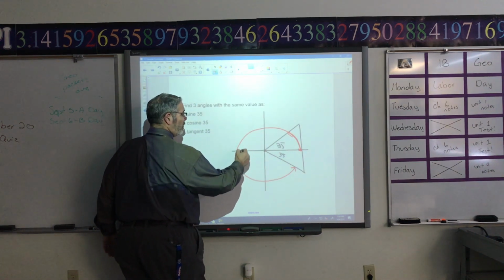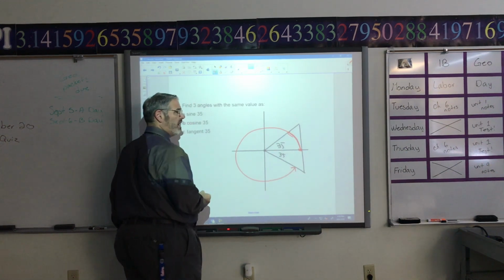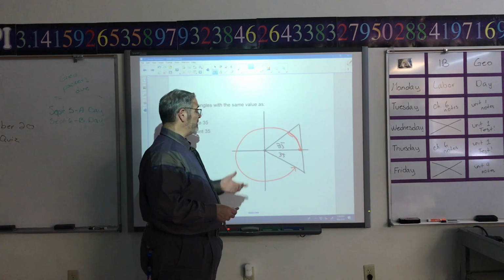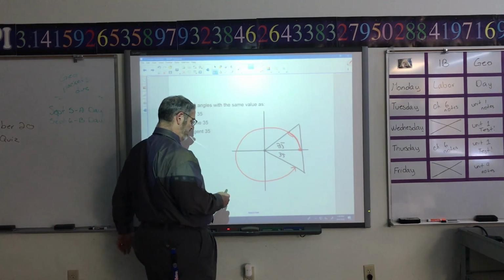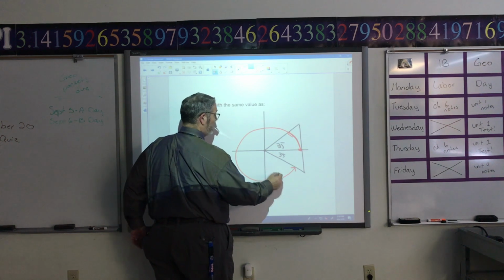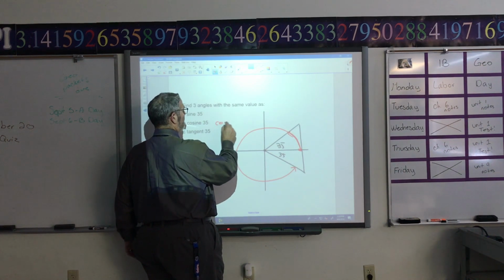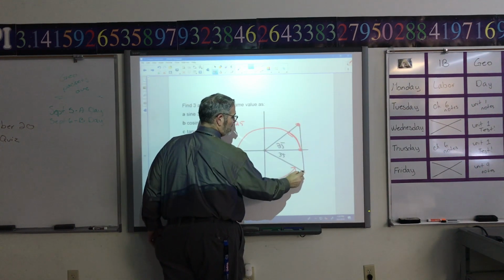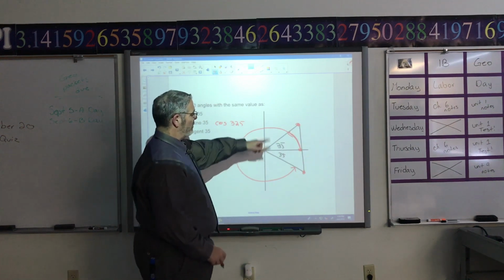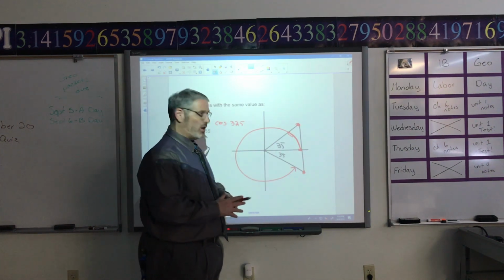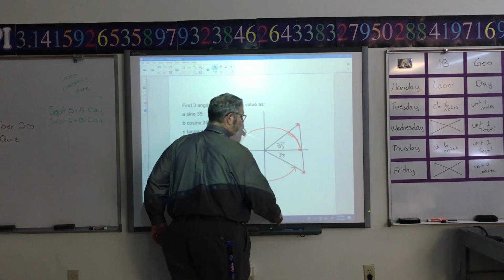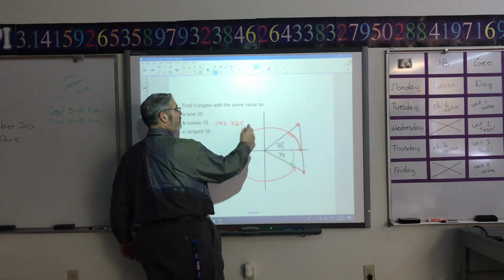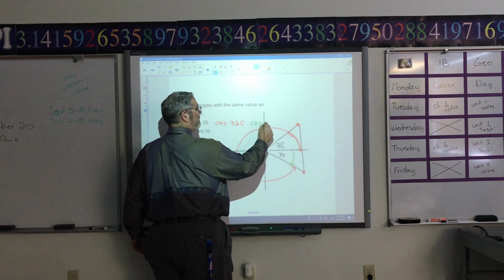I'm going 90, 180, 270, and we're going 35 degrees just short of 360. So 360 minus 35 is 325. So this is going to be cosine of 325. So here's my location, and here's my angle. Those are my two angles, 35 and 325. What if I go in the negative direction? If I start at 0 and I go to here, then my next angle would be the cosine of negative 35.